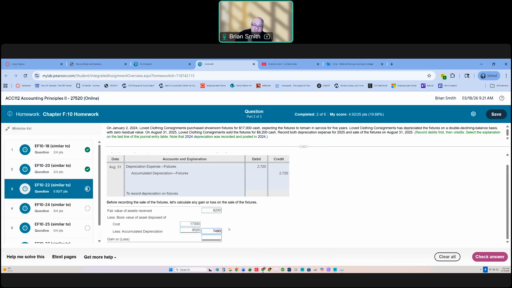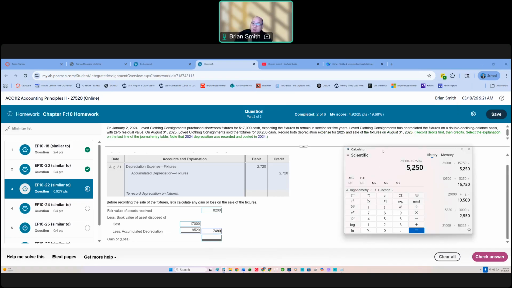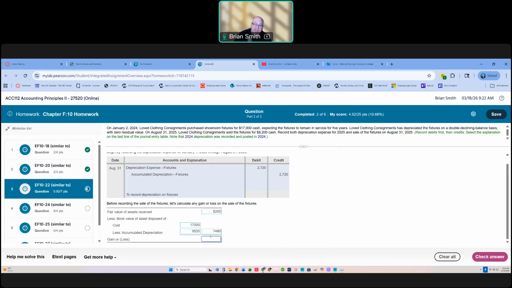That represents the book value that we have not yet expensed. So anything we get above our book value will be a gain. Anything below it will be a loss. So we're going to take 8,200 minus 7,480 and we have a $720 gain on this sale.